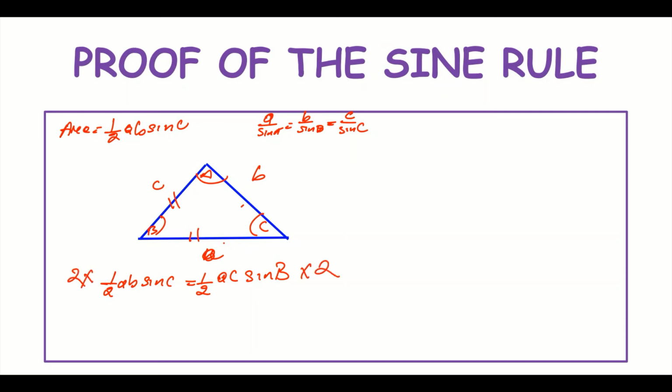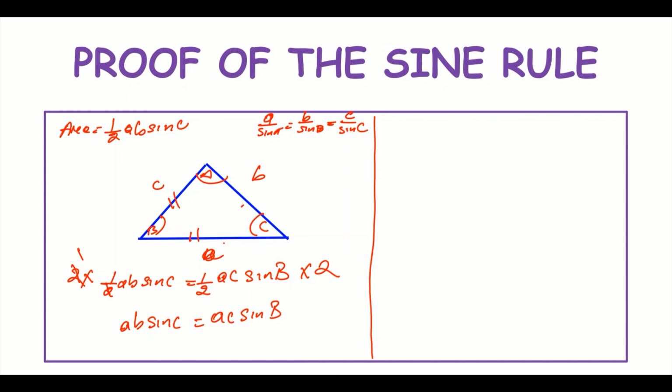So we're left with AB sine C is equal to AC sine B. Now, we could divide both sides by either AB or AC or sine C sine B. It depends on your algebraic manipulation.